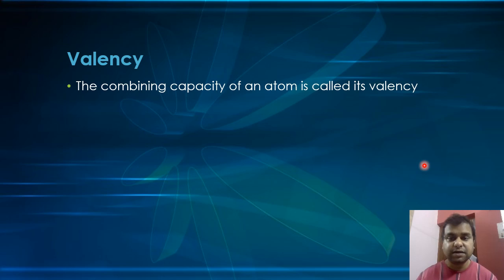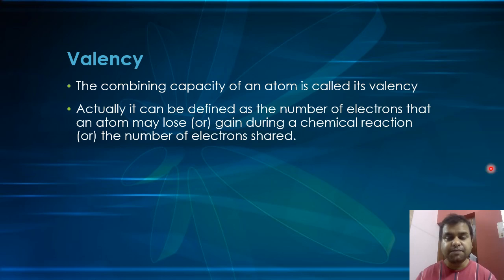It refers to the number of electrons present in the outermost shell, the valence electrons, and the valency is decided based on whether the atom needs an electron or needs to lose electrons.